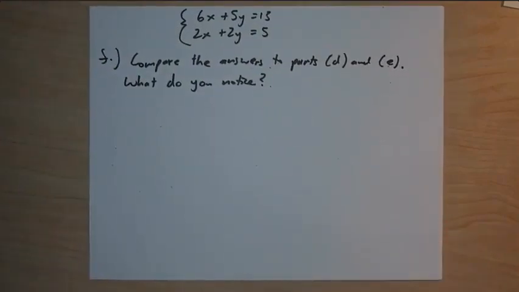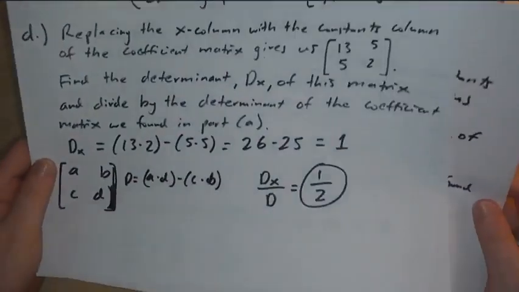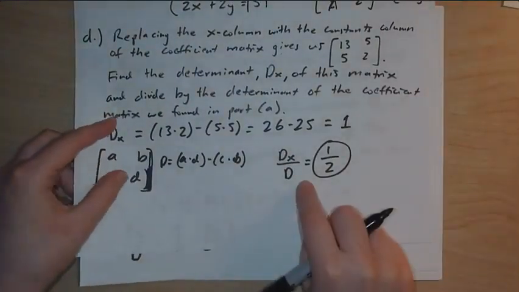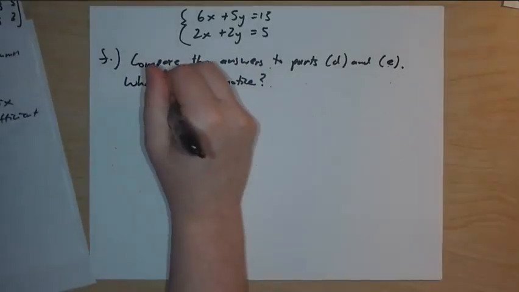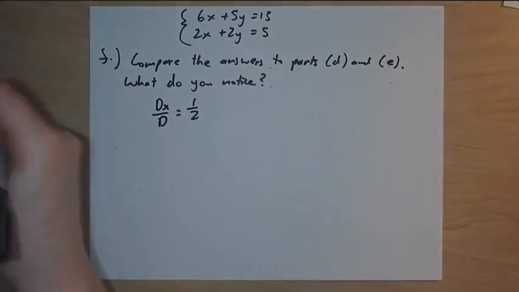We're going to move on to Part F. Part F says to compare the answers in Part D and E. What do you notice? So in Part D, we found that dx over d equals 1/2. And in Part E, we found that dy over d is equal to 2.